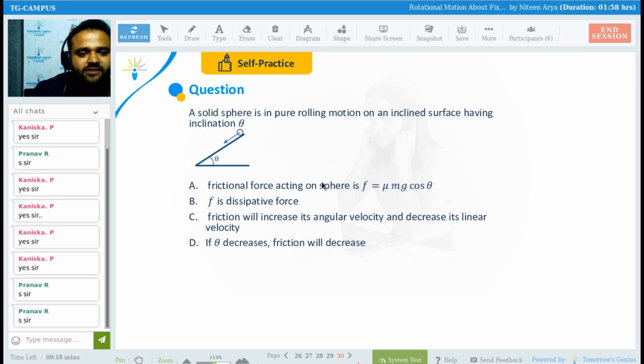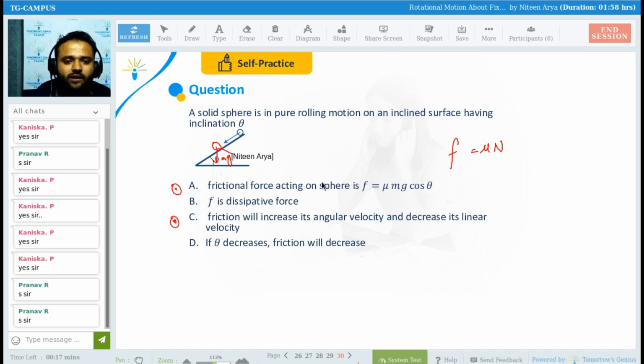Okay. See, in this, it can be MCQ, MSQ also. A can be correct and C can be correct. But in this case, C is going to be given. Frictional force acting on the sphere, as we can see for this particular thing, is mu N. And for this inclined plane, if it is mg, then N is going to be mg cos theta, and here it is going to be mg sin theta.